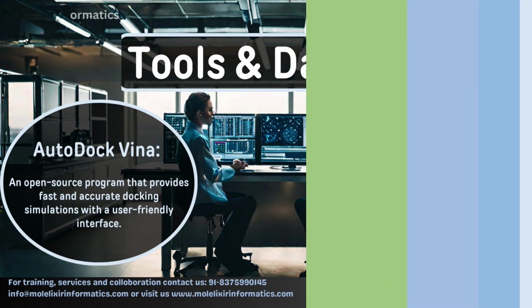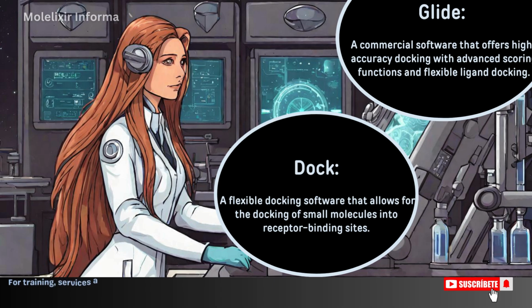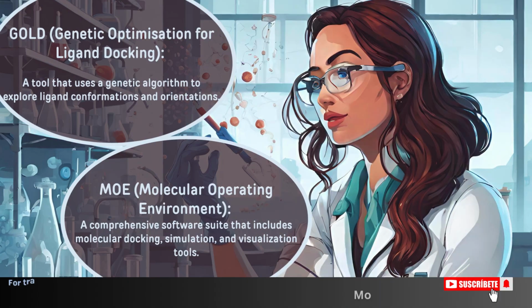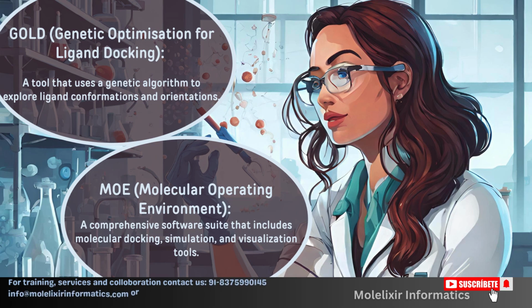And DOCK, a flexible docking software that allows for the docking of small molecules into receptor binding sites. Then, Glide, a commercial software that offers high accuracy docking with advanced scoring functions and flexible ligand docking. And GOLD, genetic optimization for ligand docking, a tool that uses a genetic algorithm to explore ligand conformations and orientations.